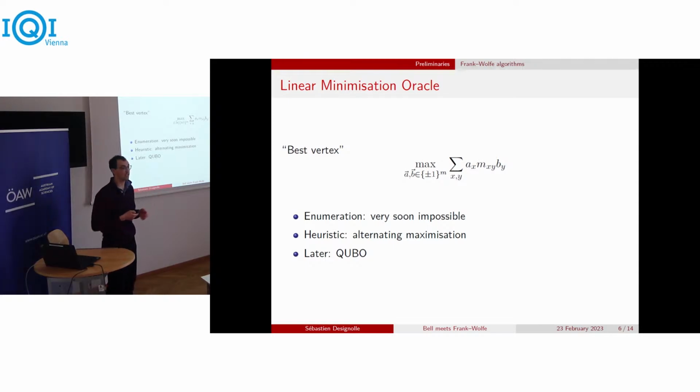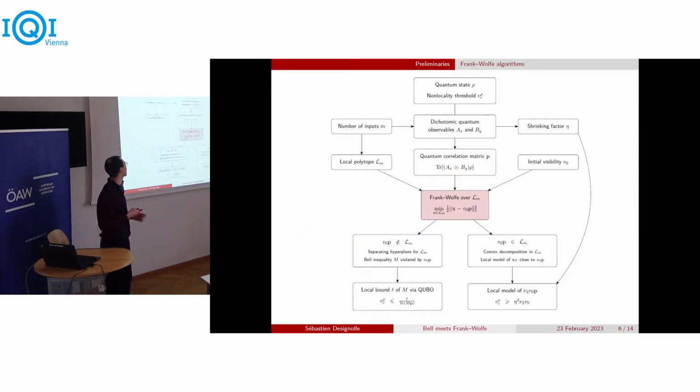Later in the talk, I will tell you about a way to solve this exactly by connecting it with so-called quadratic unconstrained binary optimization problems. More on that later. This was for this Frank-Wolfe algorithm, which was performing some optimization over the local polytope of some distance function. We chose the distance because it suited our need, but the Frank-Wolfe method is general.